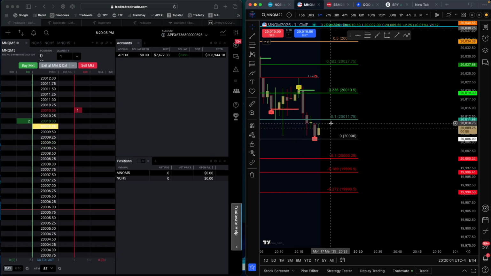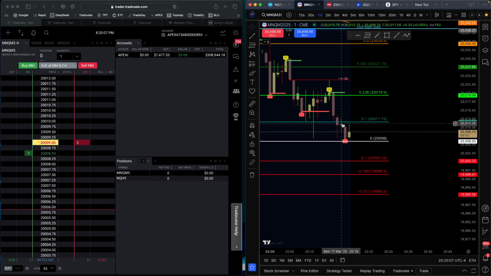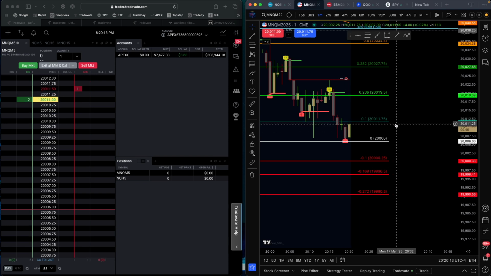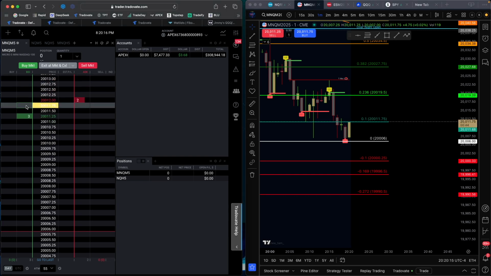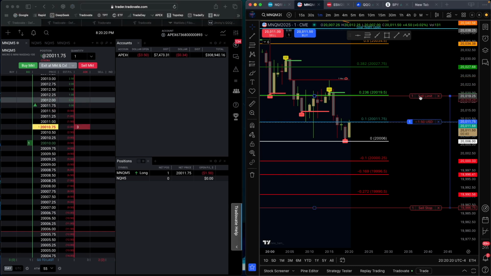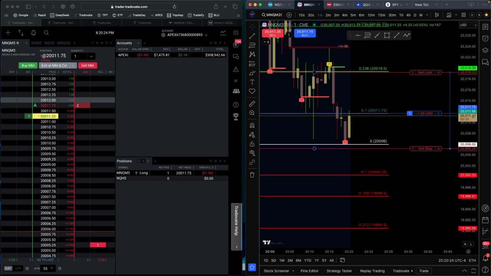Now my other trade plan is, okay, if we're consolidating on a fib point, so we'll just say right now, even though it just broke this 10%, if we break above it, I'll get in. All right, so we hit it. Again, stop loss is going to be right below the 0 line.